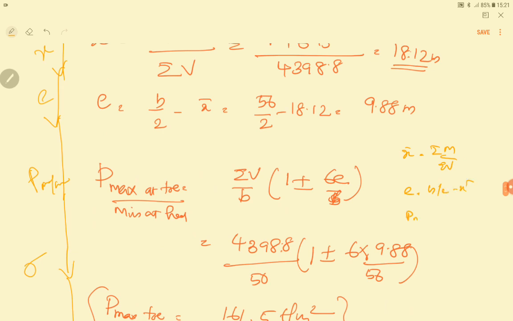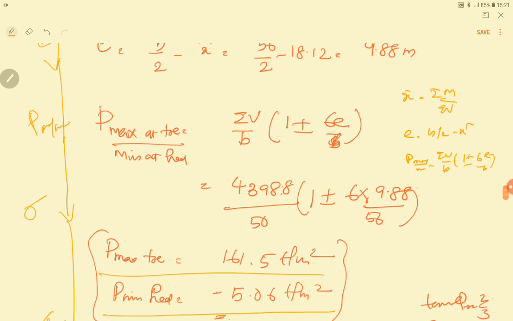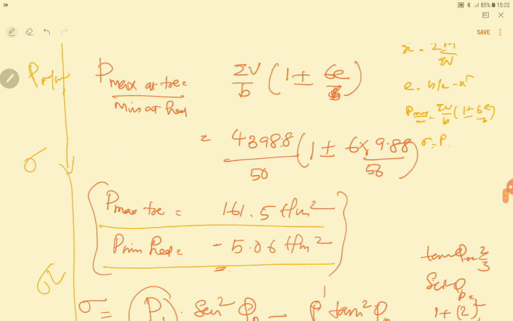Third equation is P max or P minimum is equal to sigma V by B into 1 plus or minus 6E by B. The fourth equation that you have to study is sigma is equal to P tau into secant square alpha or phi d minus P dash into tan square phi d, and then tau is equal to P tau minus P dash into tan phi d.